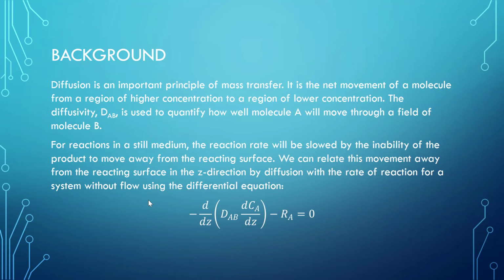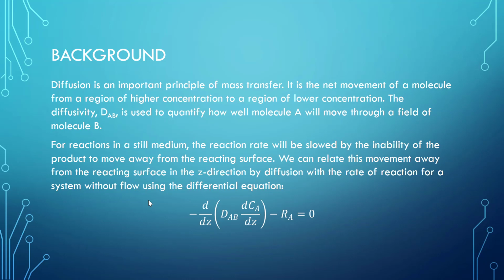If you have a reaction in a field of diffusion without having any movement, so you're not blowing on the surface or it's not in a flow field of any sort, then in those cases we can get a fairly simple differential equation. Motion makes it much more complex, so we're not doing that.